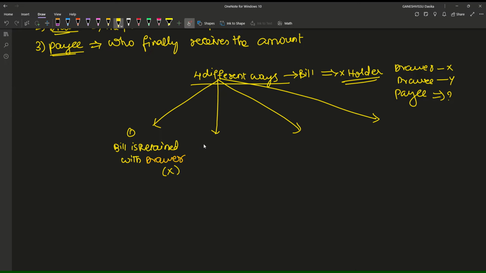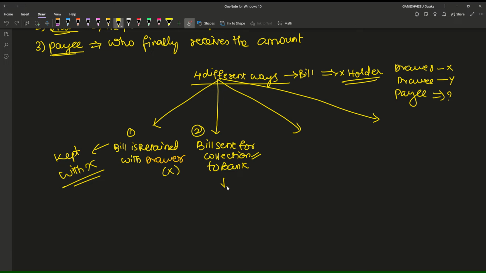And the second case would be bill sent for collection to bank. That means in the first case, the bill is kept with X only, and in the second case, the bill is sent to the bank for collection.